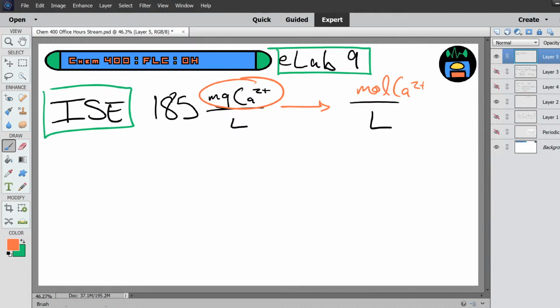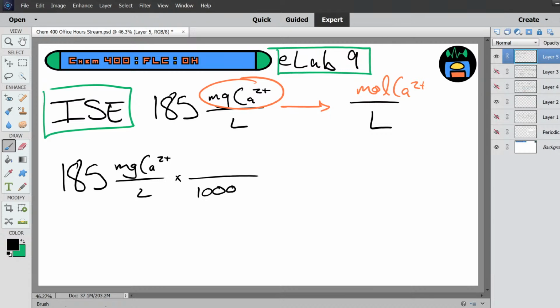The number that you get for the IC reading is a concentration unit, but it's not in molarity yet. So before you can do the subtraction, you first have to convert from milligrams to grams, so that milligrams cancel milligrams.